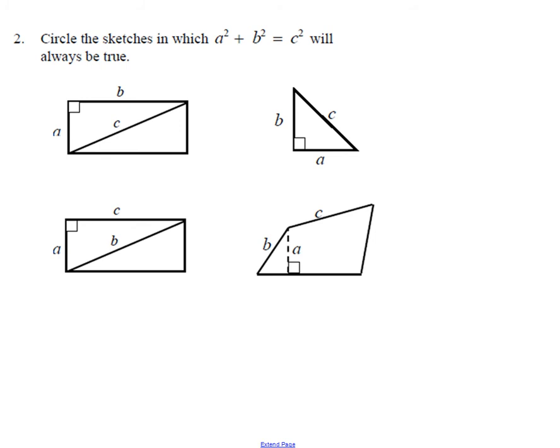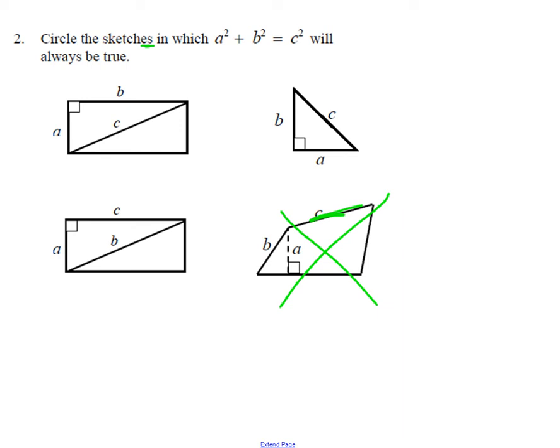All right, number 2. Some people are confused because it's like, well, 2 of these answers look exactly the same. Well, unfortunately, it says circle the sketches, meaning more than one, that were correct. So we can start by getting rid of the one we obviously know can't be right. So a squared plus b squared equals c squared only works with right triangles. This does not have c on the triangle, which means that's not going to work.